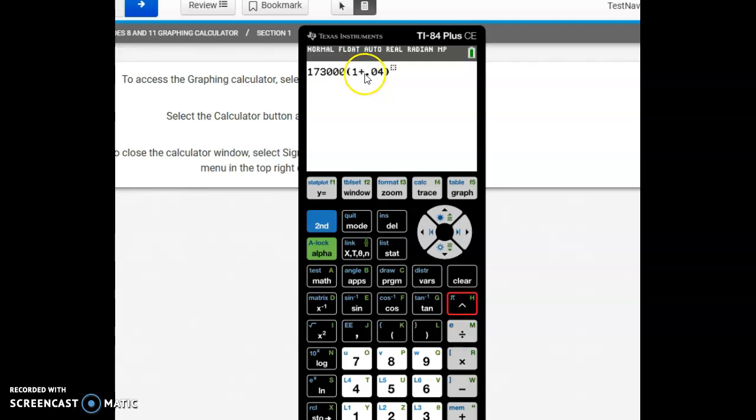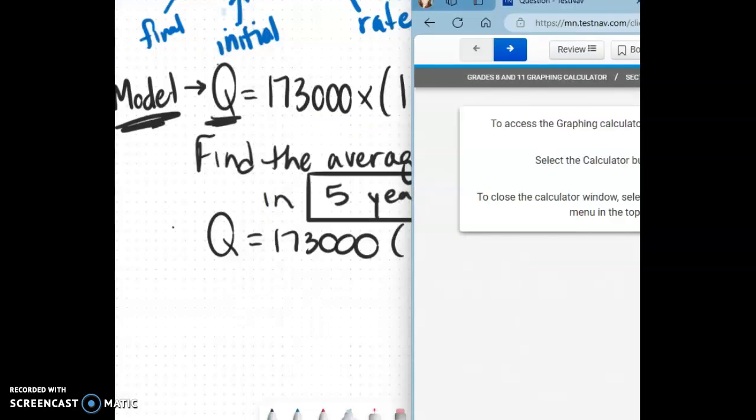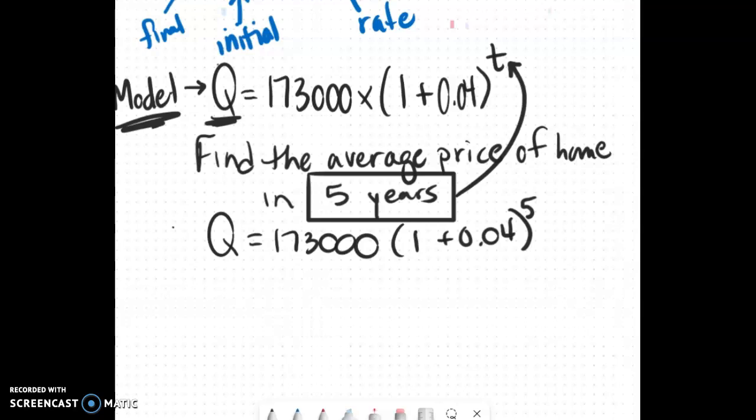If you do this in pieces, you have to do what's in the parentheses first, raise that to the exponent of 5, and then last multiply it by the 173,000. But if you put it all in like this and then hit enter, you're going to get your value. And then this one says to round to the nearest dollar, so I look 1 to the right, and since it's 5 or more, I change this up 1 to the number 1. So the average price of the home in 5 years would be $210,481.